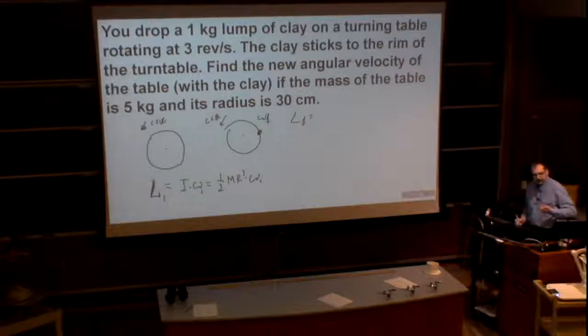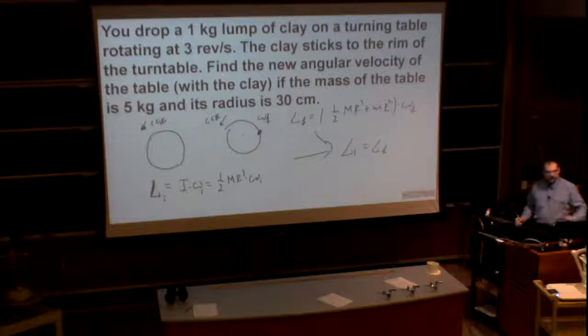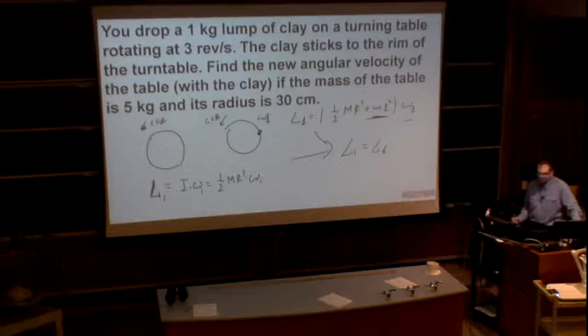Final angular momentum of this system should include the initial inertia of a disk plus the inertia of that piece of clay, multiplied by the final angular velocity. And the law says in this collision, the total angular momentum should remain the same. So you can see by adding inertia, we're decreasing angular speed. The rest is math.